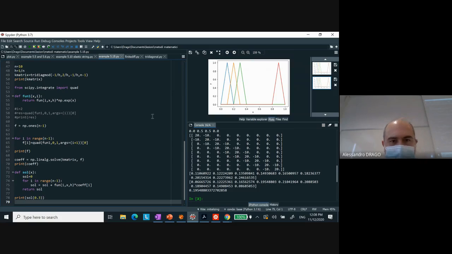So, as you maybe already know, there is an enormous amount of material that you can find online. If you Google something, I don't know, 3-diagonal matrix, Python, you get plenty of examples.